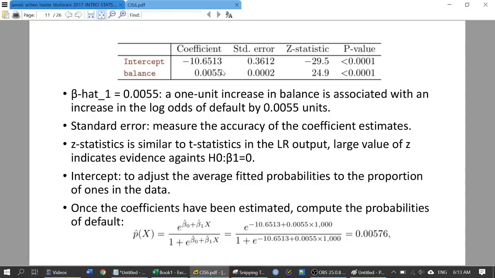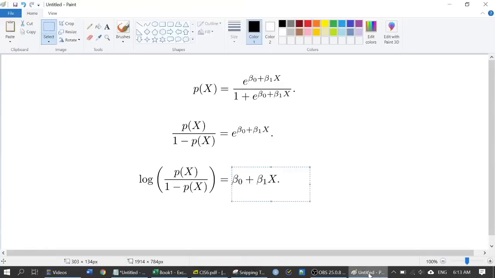It means that a unit increase in balance is associated with an increase in the log odds of default by 0.0055 units. You need to remember that this is based on this relationship: beta 1 is 0.0055 here, so a 1 unit increase in x will increase the logit function, the log odds, by 0.0055.